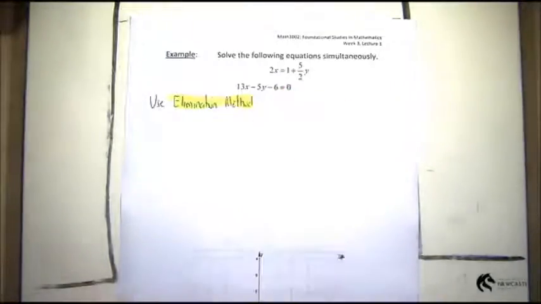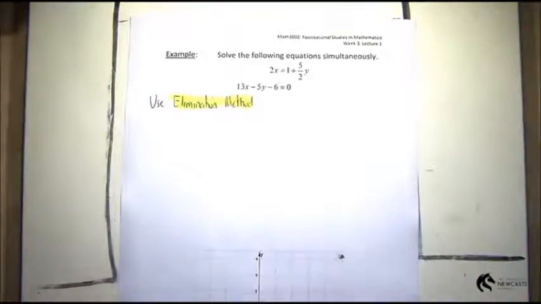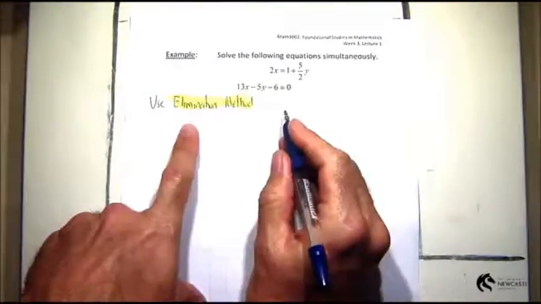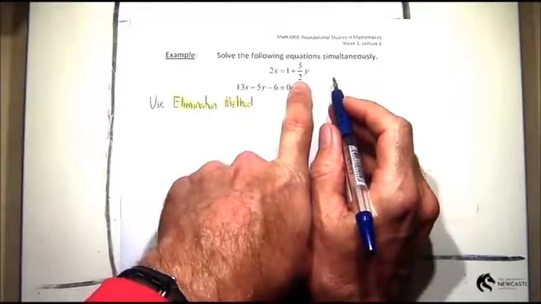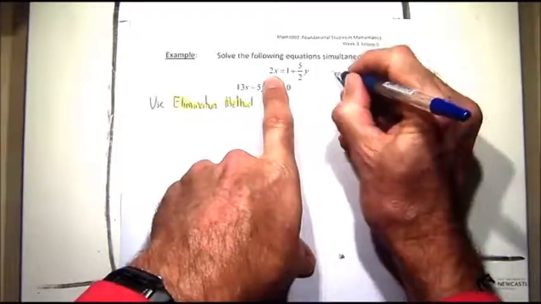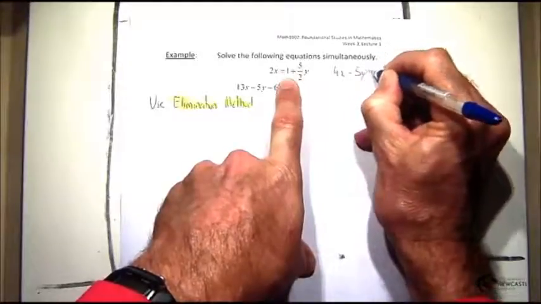It's probably actually a good idea to begin by writing your equations in a simpler form. So here, this is not part of the elimination method, so let me just do it up here. I could write that if I multiplied everything by 2 here, I'd have 4x minus 5y is equal to 2.